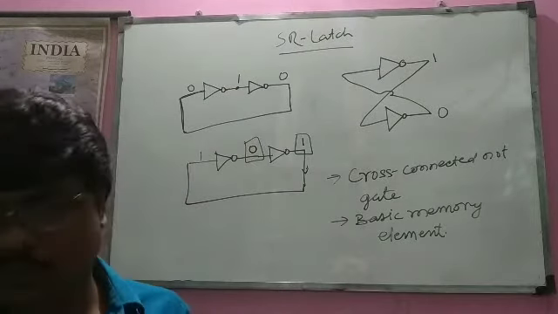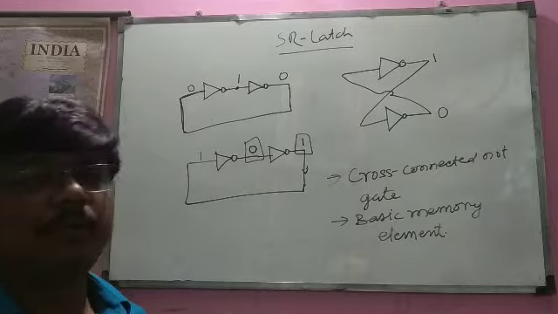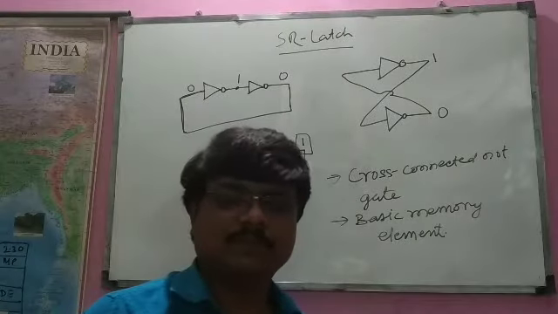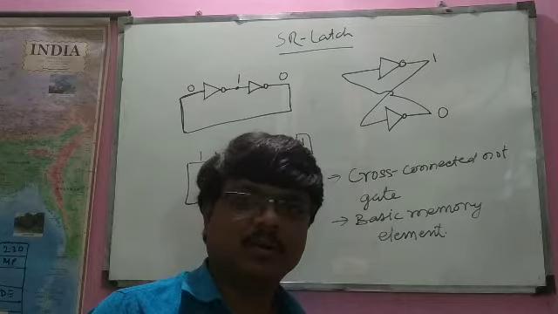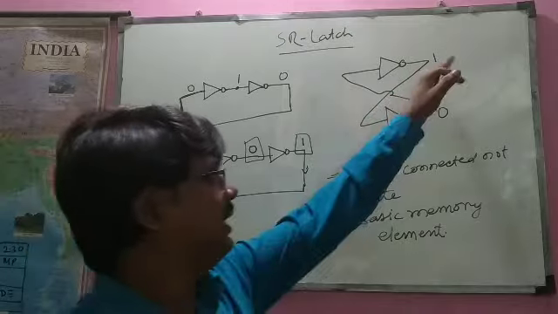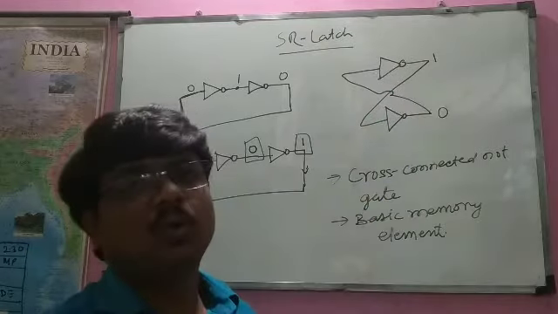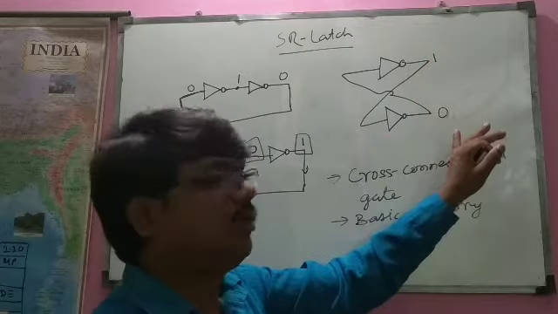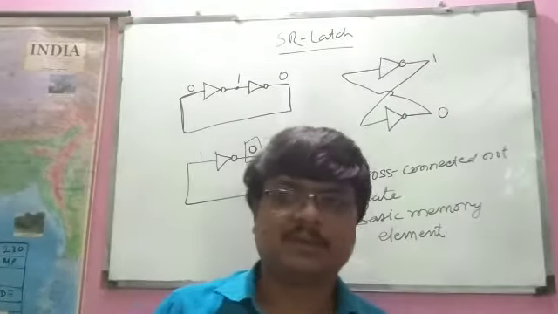Okay, but what is the problem? Is this memory of our use? No, not at all, because let us suppose here it is 1 and here it is 0, and now I want to store 1 here. So what will happen?